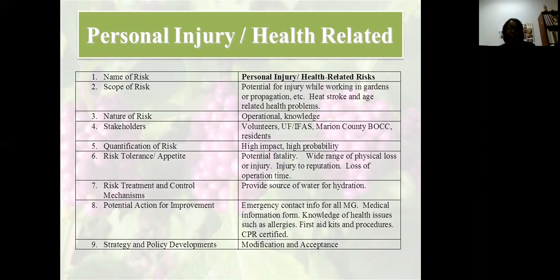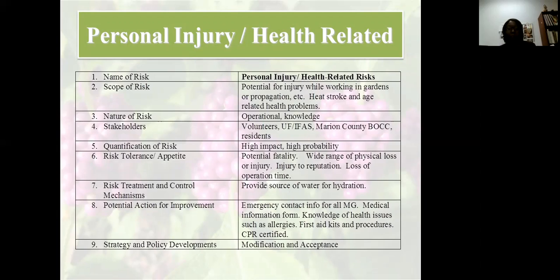Your stakeholders would be your volunteers, the university, the county, and residents. And this could result in fatality. So there's a wide range of physical loss or injury. And there could be injury to reputation. So imagine that we have a heat index of 110 and I have those master gardeners working in the heat of the day, that would not go down well in the media.